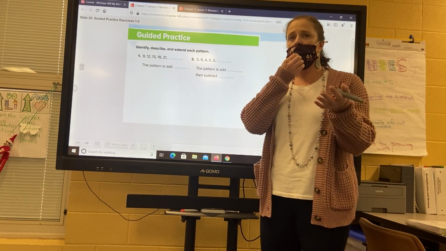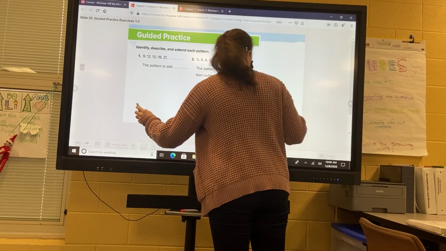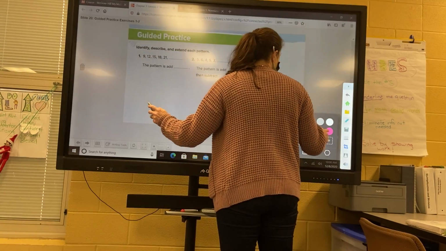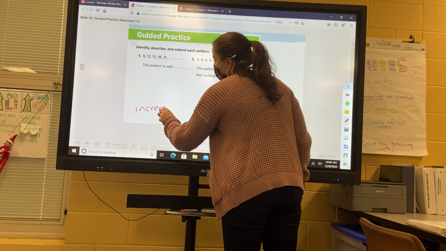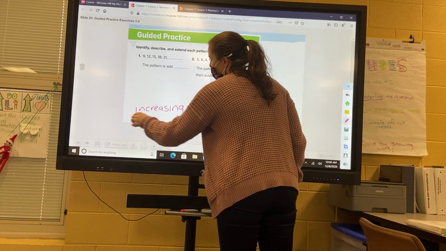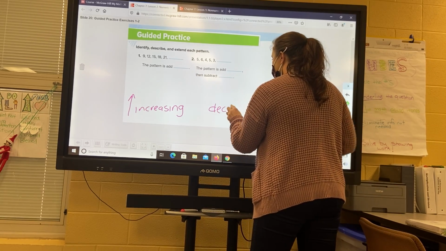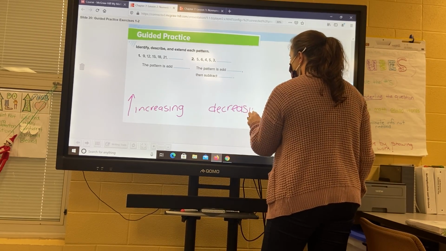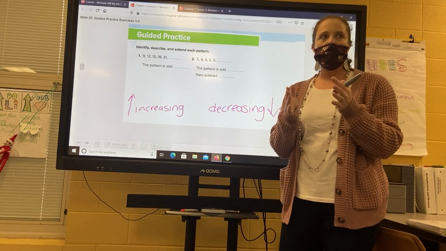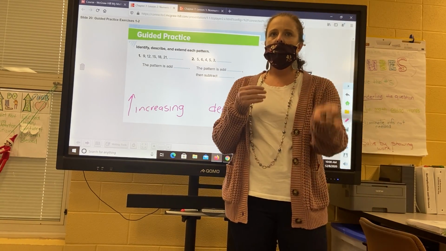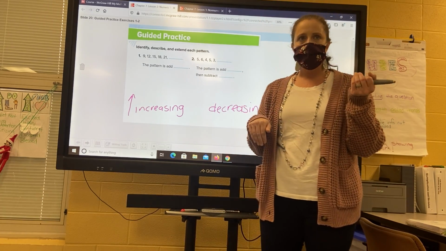The first thing you need to decide with your patterns is if they are increasing, which means they're going up, getting bigger, or decreasing. And this little tidbit will help you, okay? When you see a pattern, first decide: is it increasing? Are the numbers getting bigger? Or is it decreasing? Are the numbers getting smaller?